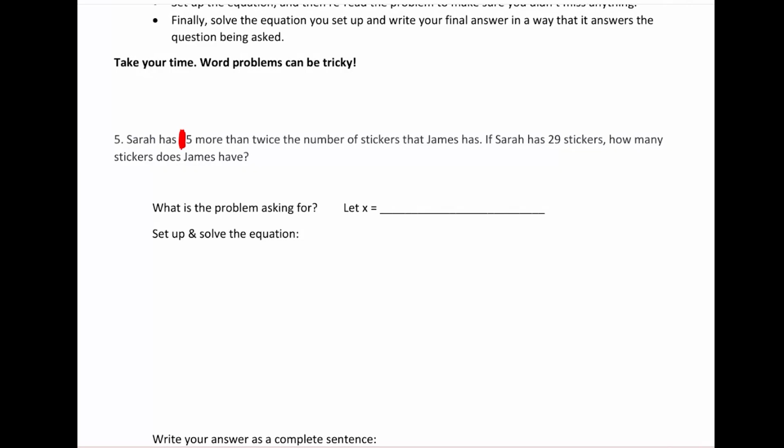If Sarah has 29 stickers, how many stickers does James have? So the question here is asking, how many stickers does James have? That's going to be what our x needs to be. x will be the number of stickers James has. And so that's really what we're trying to figure out anyway, right? Welcome. Oh, no problem.